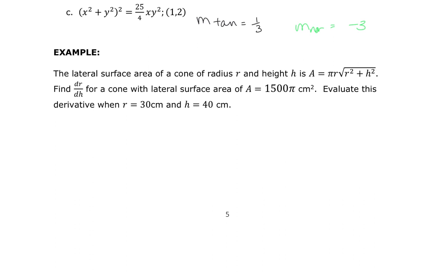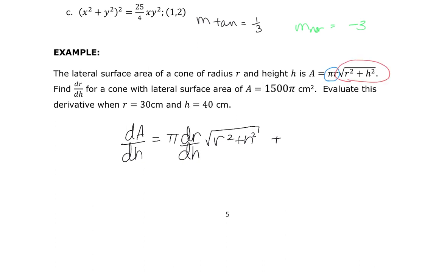So I'm just going to jump right in and say dA/dh is equal to pi times the derivative of r, which is going to be dr/dh, multiplied by the square root of r squared plus h squared, plus, now I have to do the product rule, this is u and this is v, plus I'm going to have the derivative of the square root, so it's going to be 1/2 times r squared plus h squared raised to the negative 1/2.